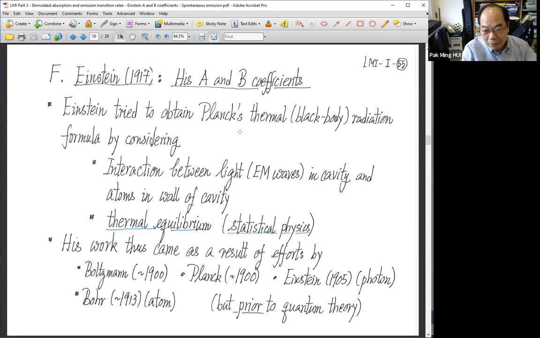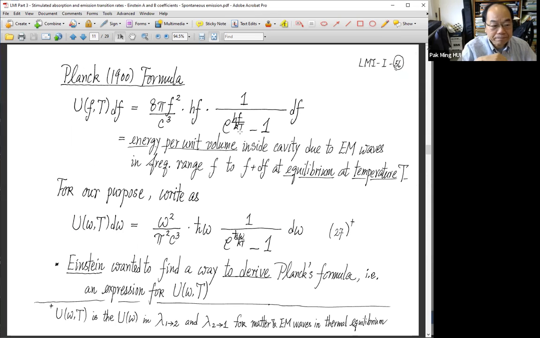So let us look at what Einstein did. What he wanted to do is to derive Planck's formula. This is the usual form when you first encounter Planck's formula.